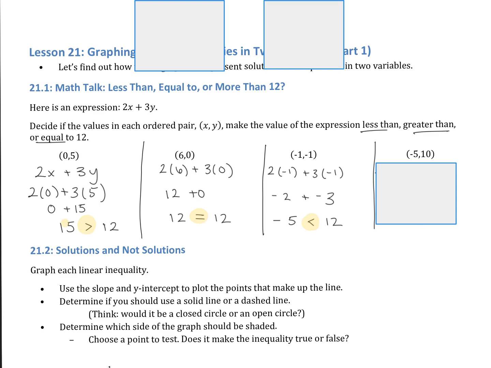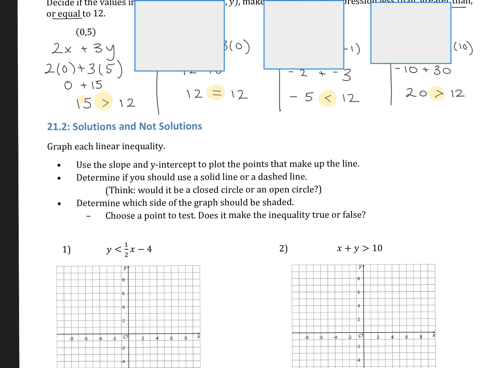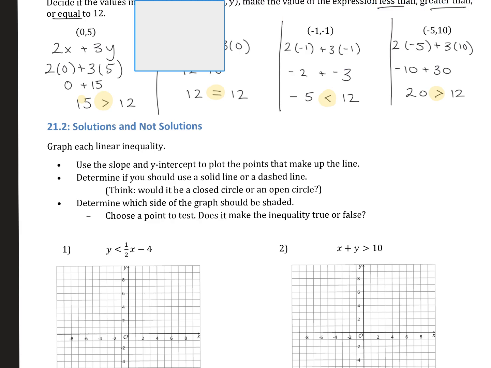And the last one with (-5, 10), plug in x and y, calculate, we end up with 20, which is greater than 12 for that one.